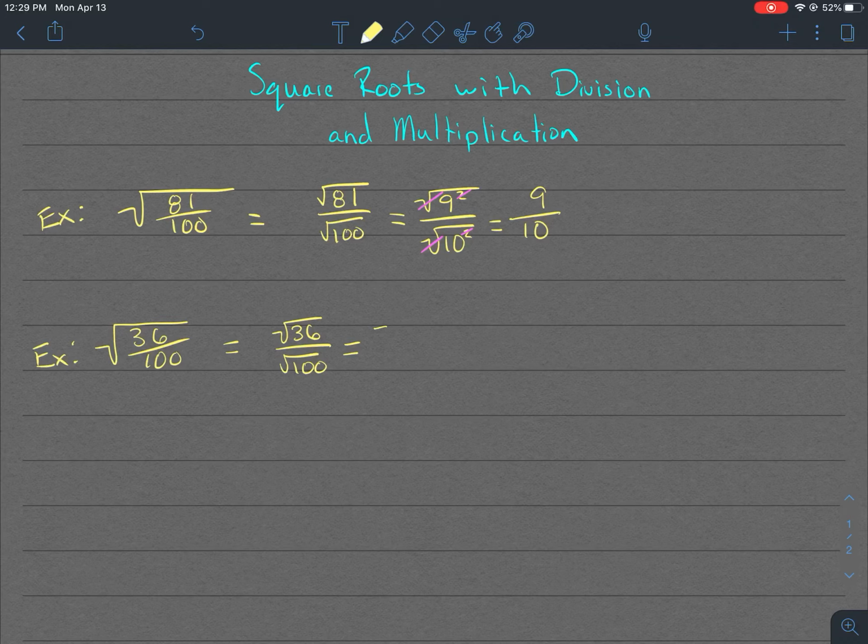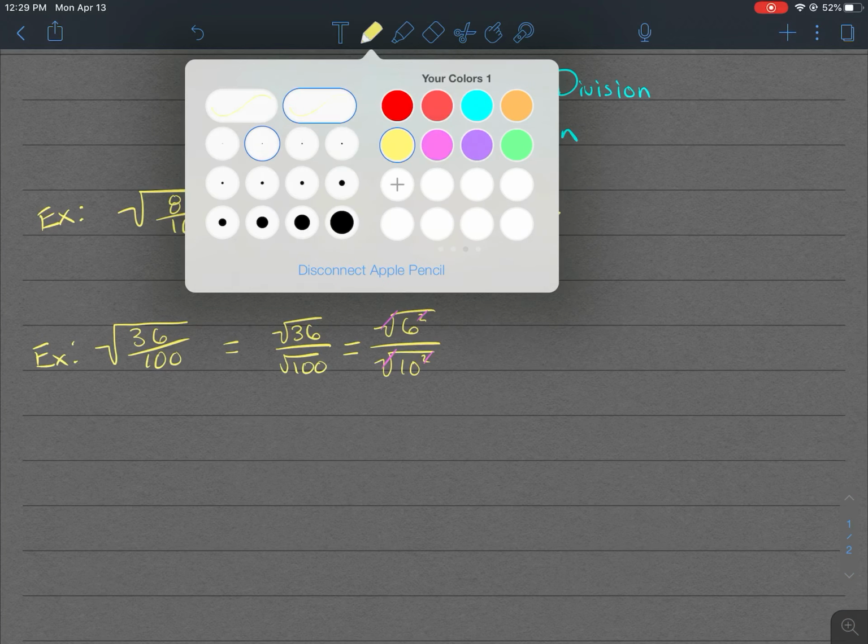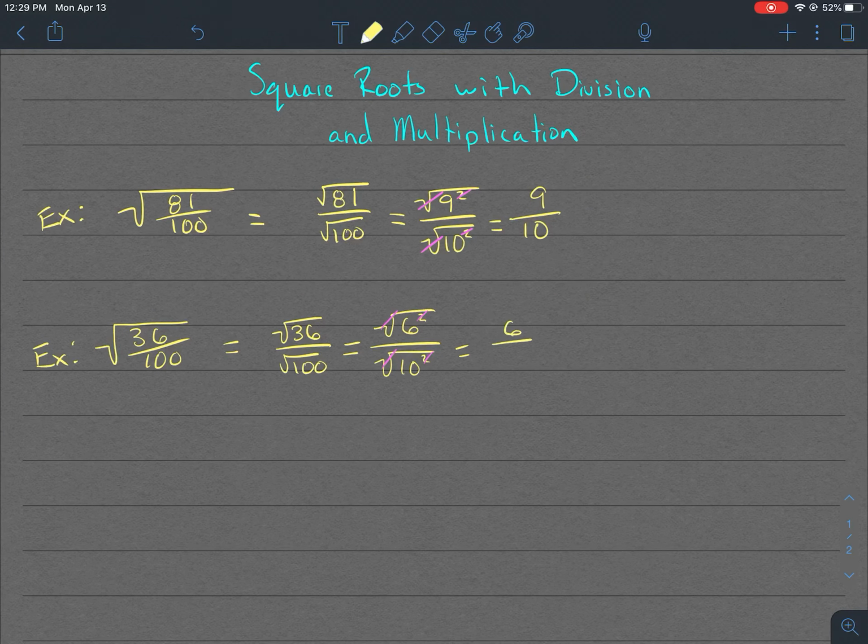But how do we get that? Well, we know that 36 is the same thing as 6 squared, and we know that 100 is the same thing as 10 squared. And since we're taking the square root, squares and square roots cancel each other out. And we're left with 6 over 10.